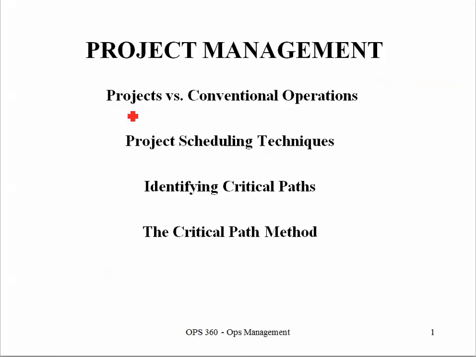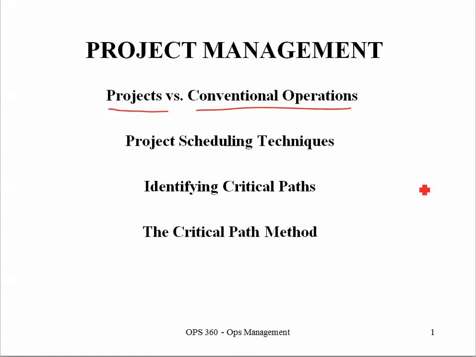One of the things I'll talk about first, just briefly, is how projects are different from conventional operations, both conventional manufacturing and conventional service operations, and talk about what makes projects unique. And then we'll mostly spend our time today talking about project scheduling.